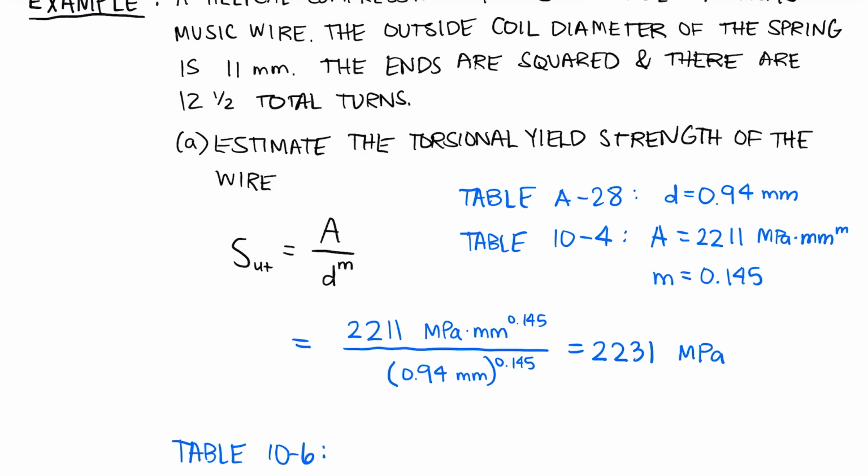And so that means that this is a material before set is removed. And the table tells us that we have 45% of the ultimate tensile strength is equal to the torsional yield strength.